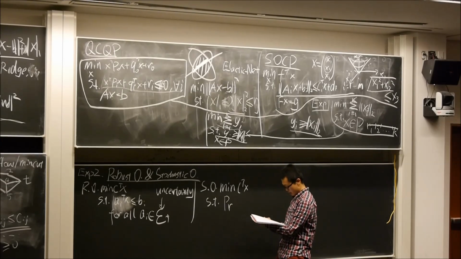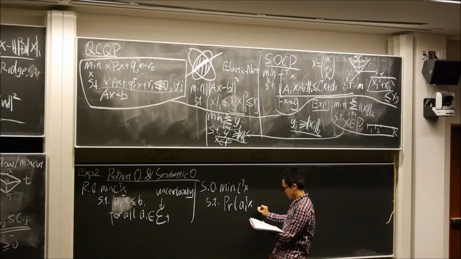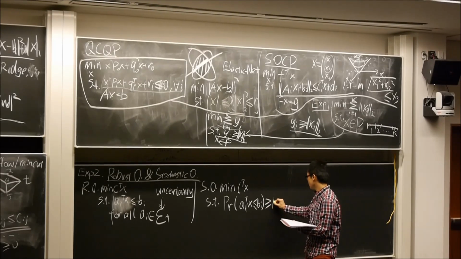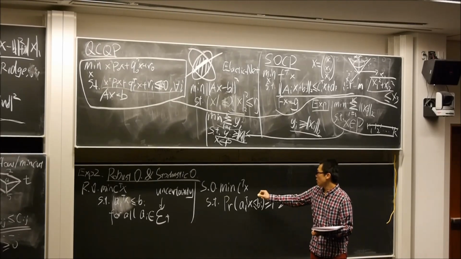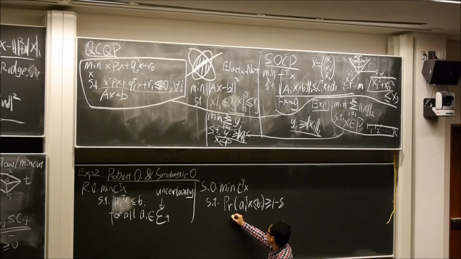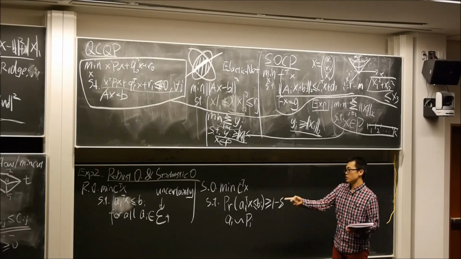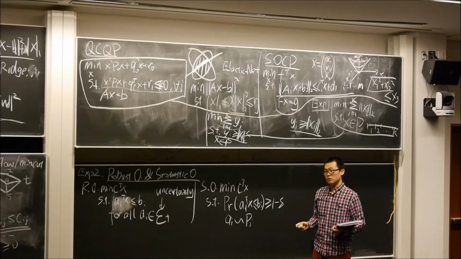So it's the probability of a_i transpose x smaller than b_i must be greater than 1 minus some small probability. So again, this is also a somewhat non-trivial optimization to solve. Oh yeah, here a_i belongs to some probability distribution. Both of these are designed to handle the uncertainty in the model.